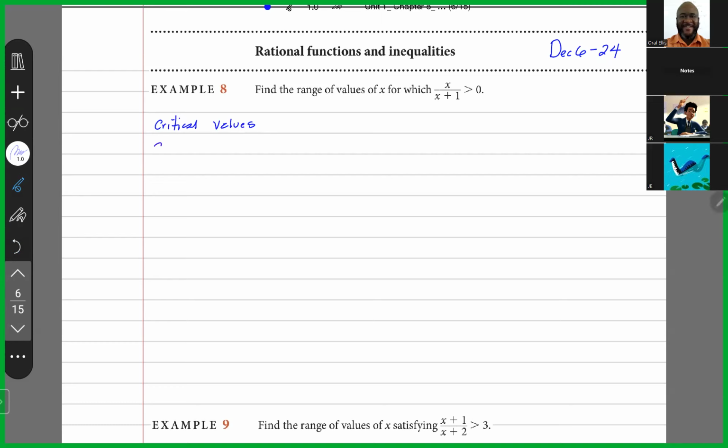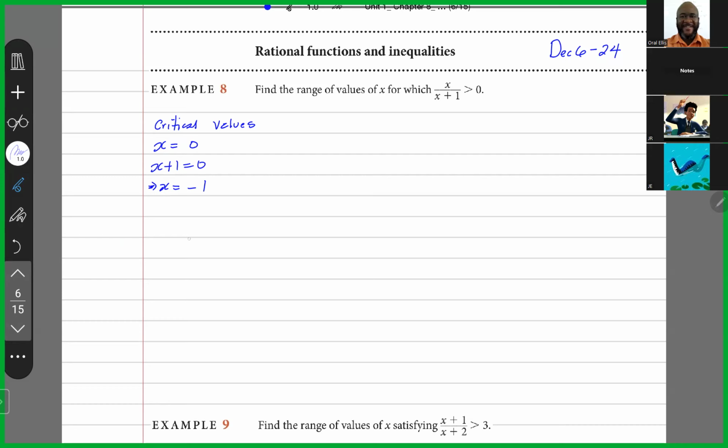So my first critical value is x is equal to 0. Let's put the denominator equal to 0. x plus 1 is equal to 0. Therefore, x is equal to minus 1. So my critical values are x is equal to 0 and x is equal to minus 1.